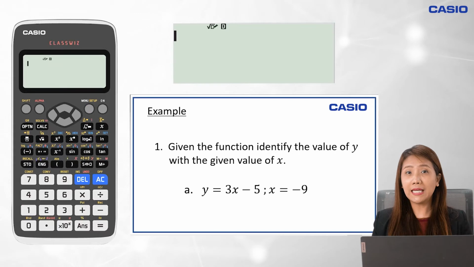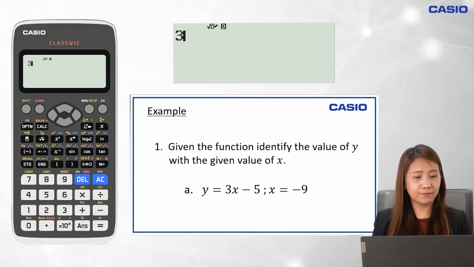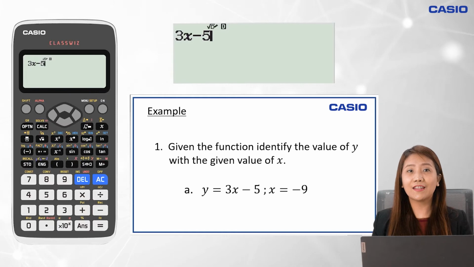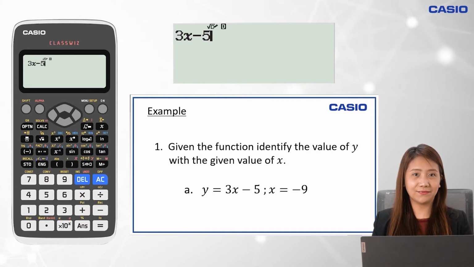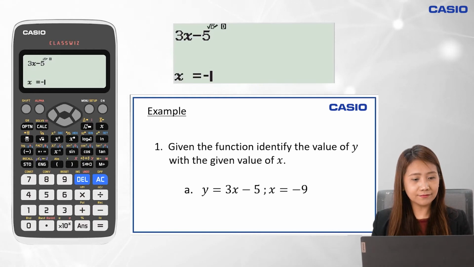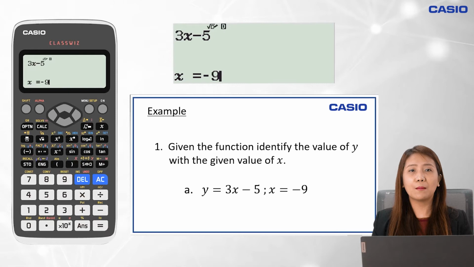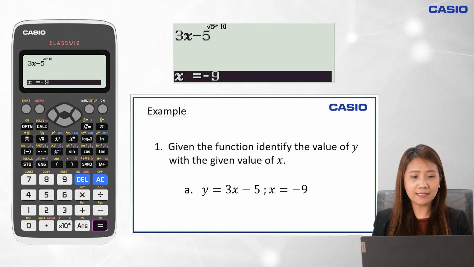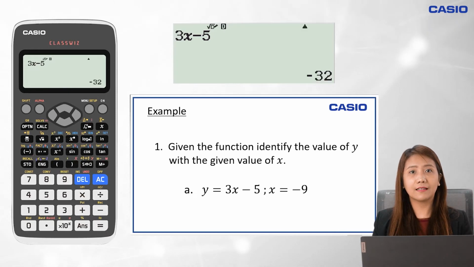Input 3x minus 5. Then press Calc, and it will ask for the value of x. Input -9. Press equal sign twice. So the value of y is -32.